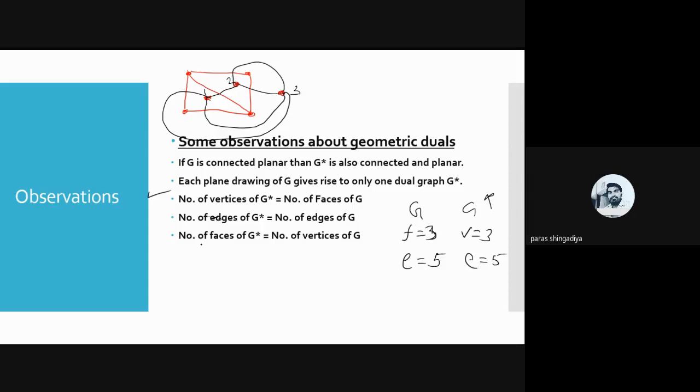Third one: the number of faces of G star is equal to the number of vertices of G. What does this mean? How many faces does the graph G star contain? So let's draw it here, so we'll get an exact idea of the faces. This is the shape that we consider in this dual graph.